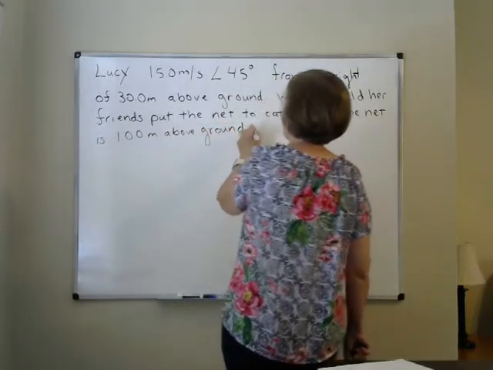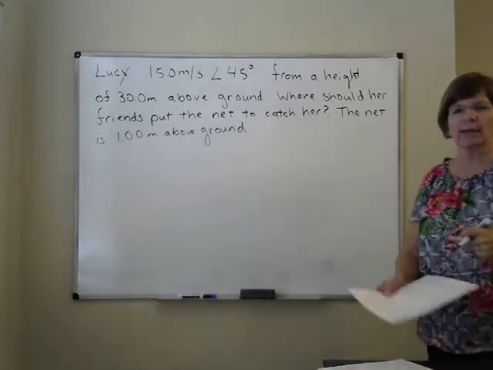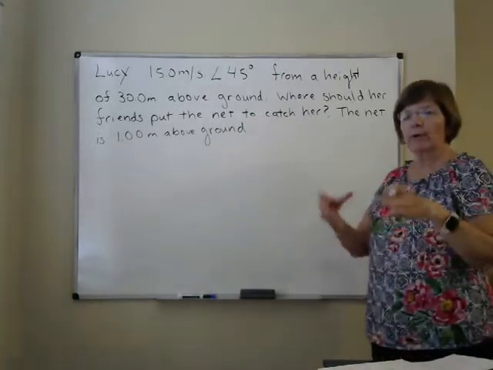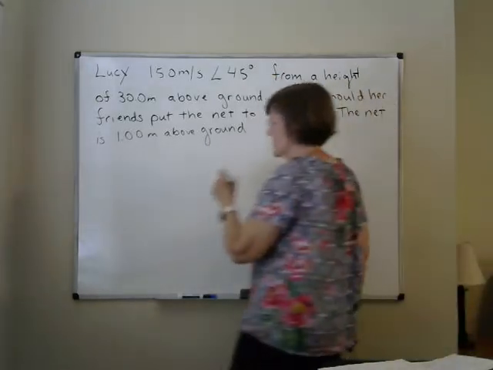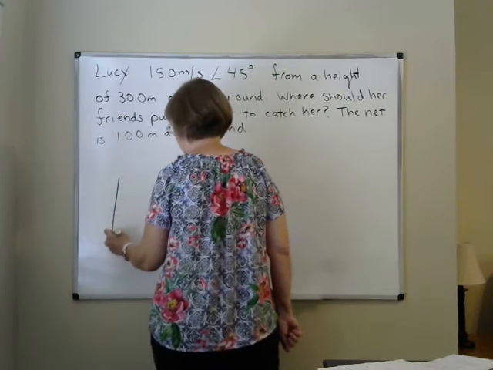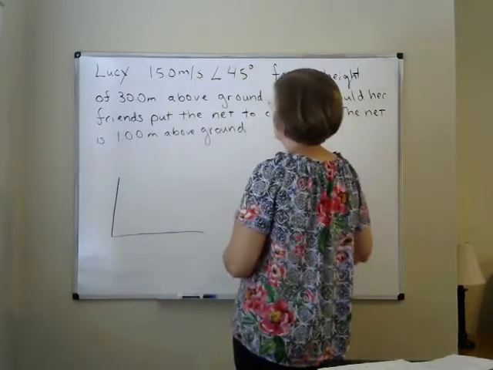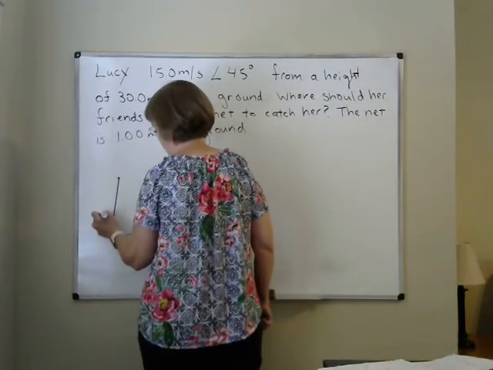This is slightly different than the one in your notes, because in the one in my notes, I let the net be at ground level, which meant you had to dig a hole and put the net, but I think we just put it above ground. So here's our situation. She starts 30 meters above the ground, right there.